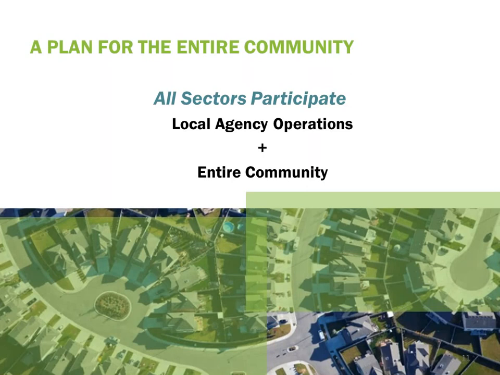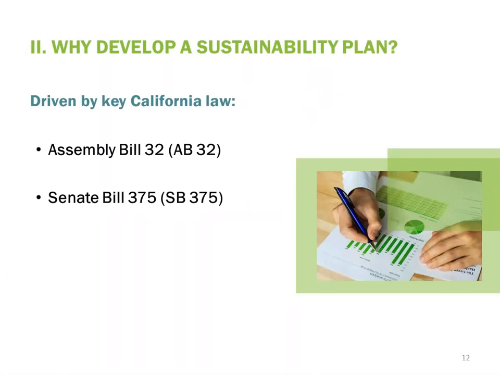Providing a written plan will provide a roadmap to guide you and the community to work on sustainability efforts. The plan can strengthen the community's buy-in and understanding of the efforts needed to keep the local community operating and protecting resources today and for the future. Why develop a sustainability plan?